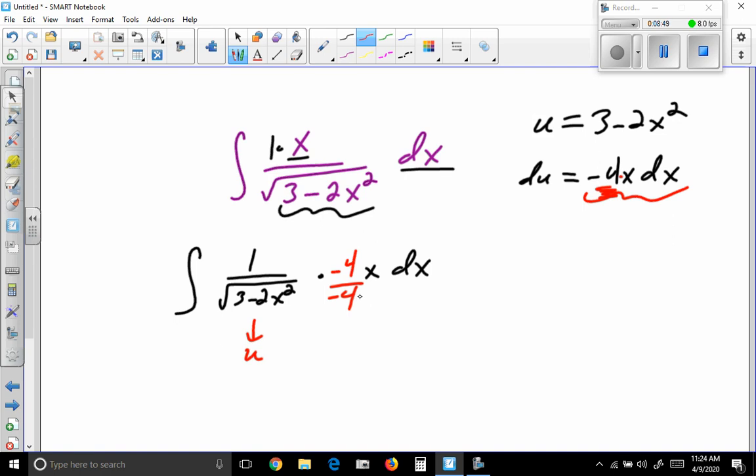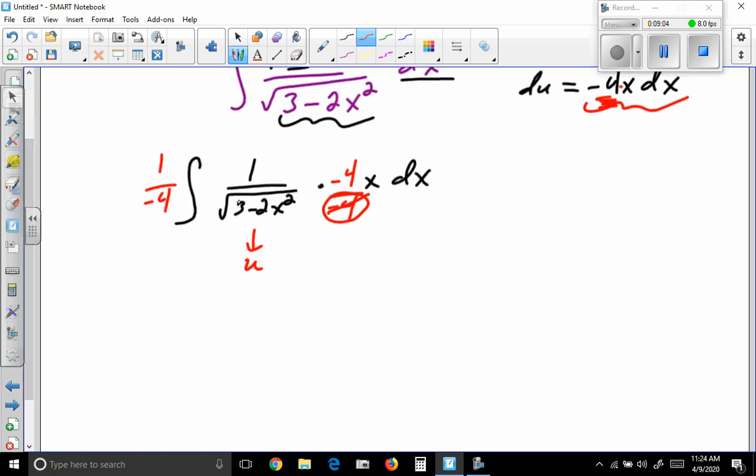The issue, though, is we don't need that -4 on bottom for our integral. So what we can do with it is we can pull it out front as a -4 on bottom. Still, if we multiply that straight across on bottom, we would still have a -4 times that square root. We would still have our -4 on top. So this makes us -1/4 the integral.